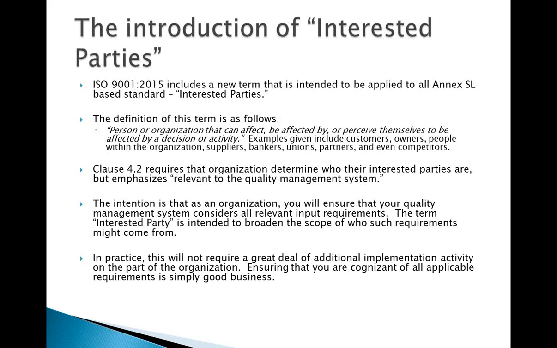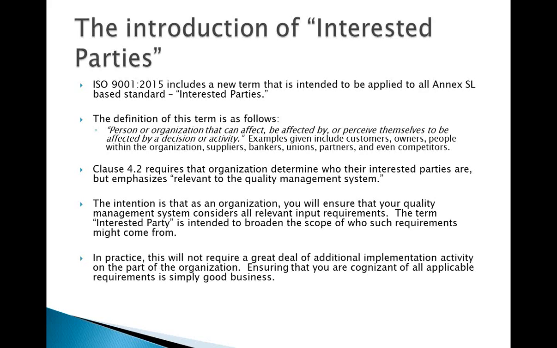So what's the intent behind this term? Why is this terminology that's being used now? Well, in the past there was a lot of emphasis on the role of the customer. And certainly the customer remains paramount in any quality system certified to ISO 9001. The importance of the customer has not been diminished.